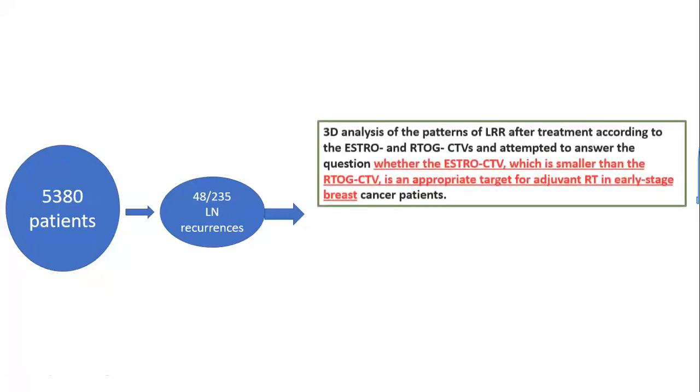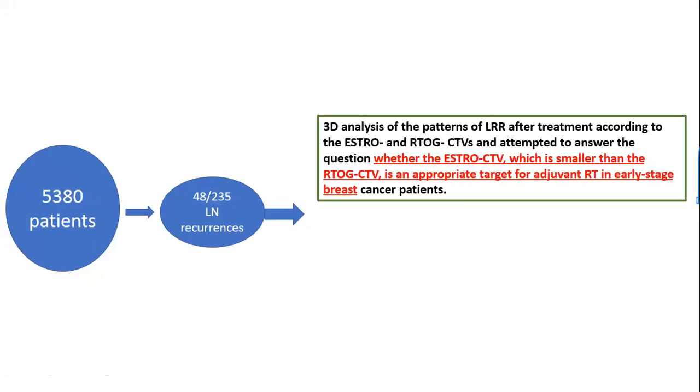So now they have tried to look at how much difference there is between the RTOG CTV and the ESTRO CTV. Their main purpose is to validate the ESTRO CTV in early stage breast cancer.